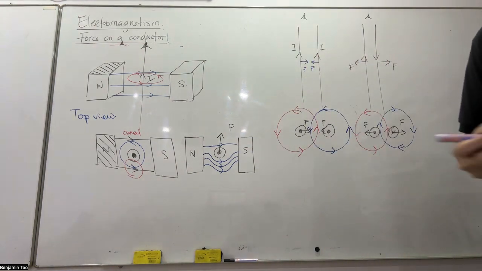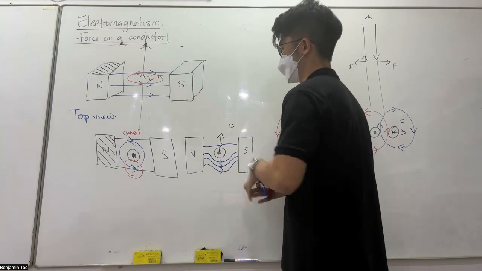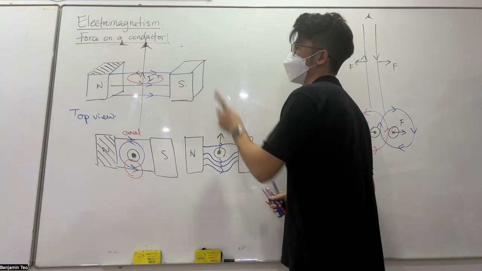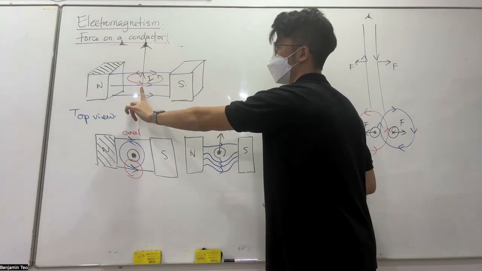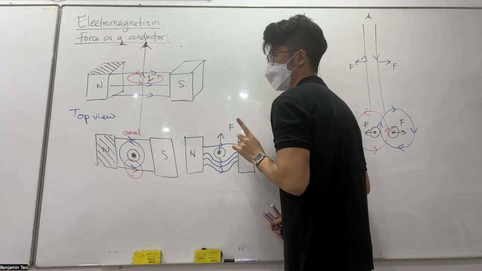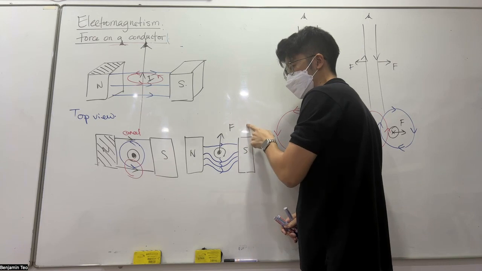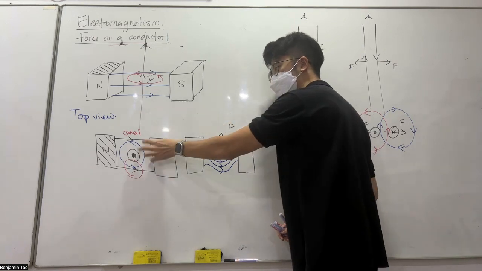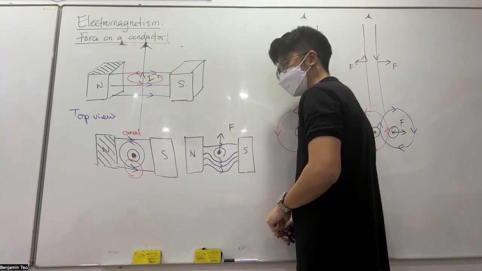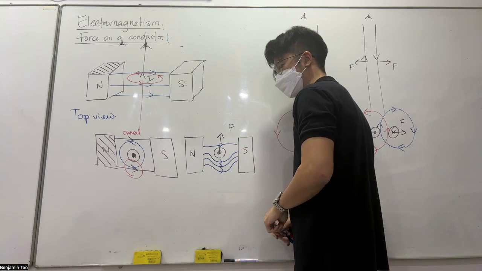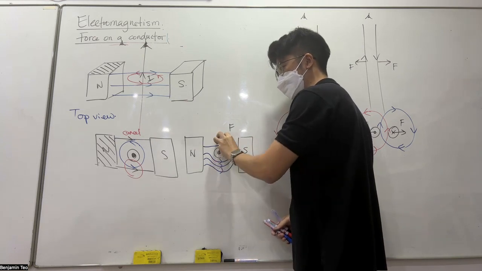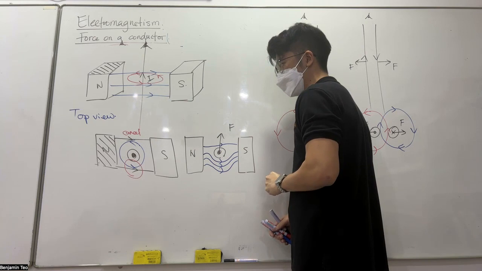This force acts on the wire. Again, it's acting on the wire. So the moment you turn on the current, the wire will move. The wire will move because of this force. Where does this force come from? The interaction between the two. Again, stronger here, weaker here.